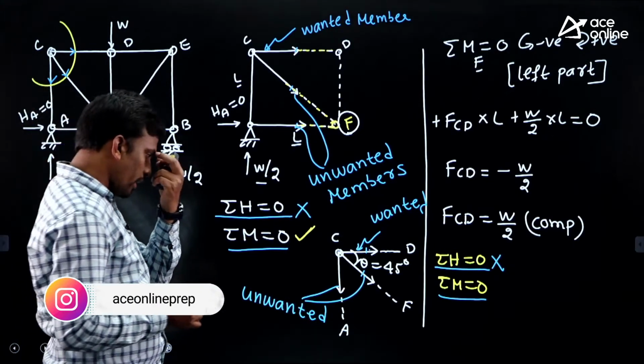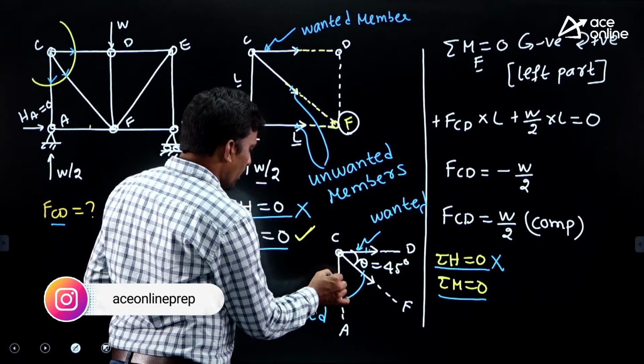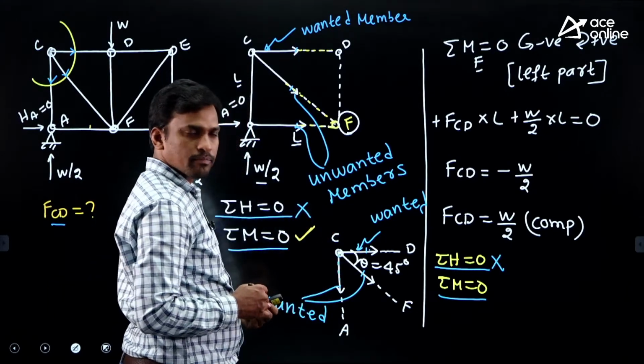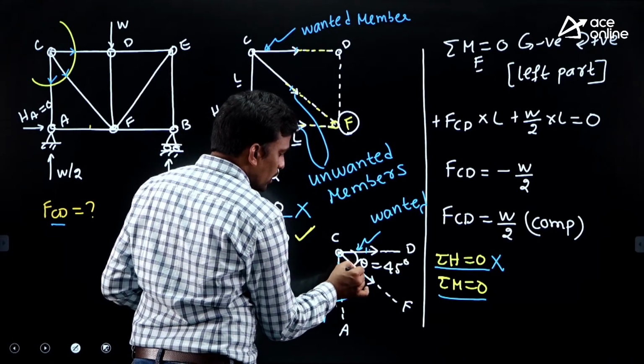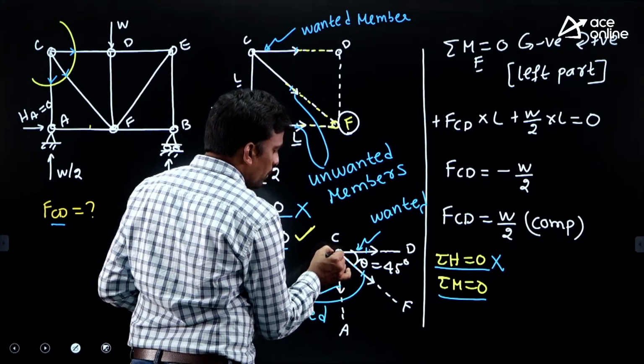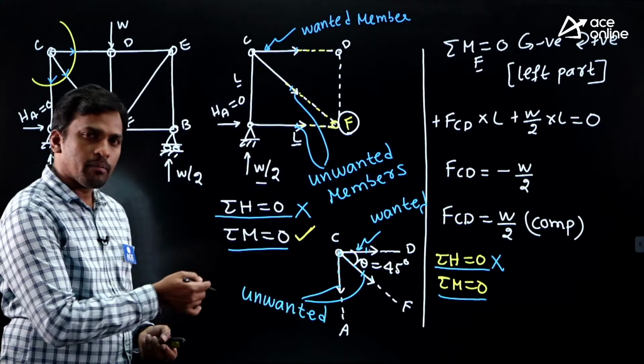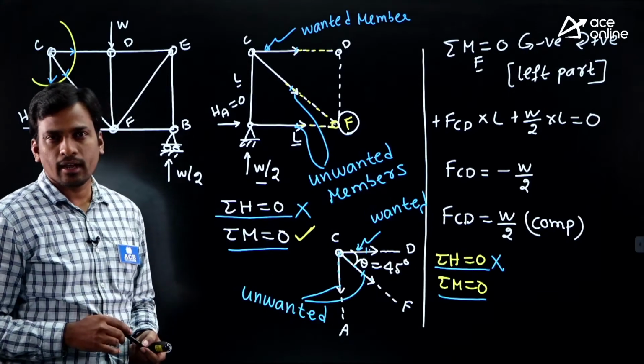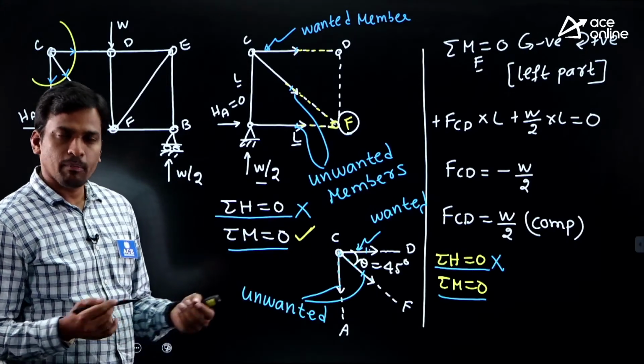Now look here. The line of action of this unwanted member meets at joint C, and the line of action of this unwanted member meets at joint C. Now tell me, are all the unwanted members meeting at a single joint or not? That is at C. Possible?